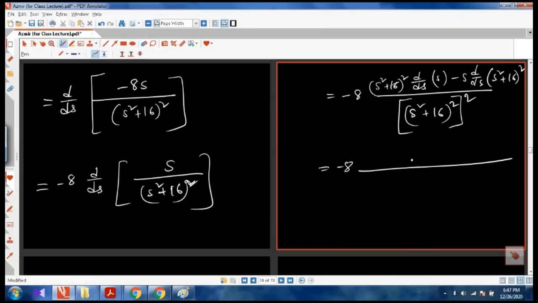If we simplify the denominator, what will be the result? Power 4, right? Yes, sir.